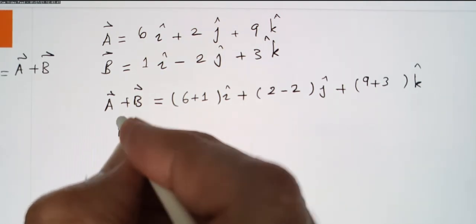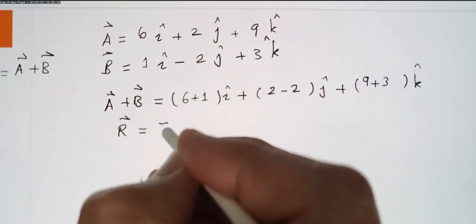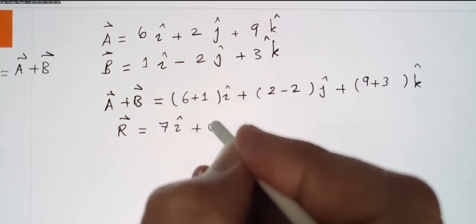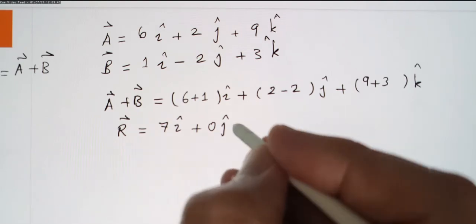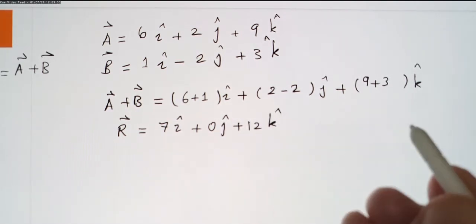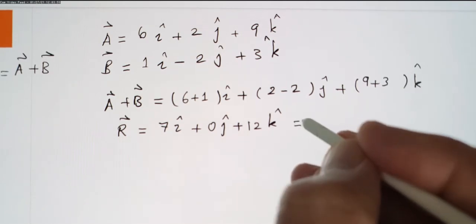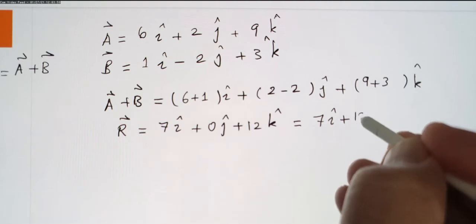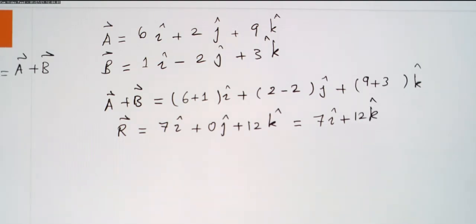That means R is equal to 7I plus 0J plus 12K. And we write it as 7I plus 12K. We don't have any J components, so it's a waste of ink to write 0J.